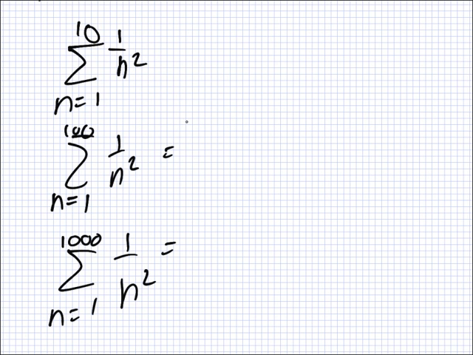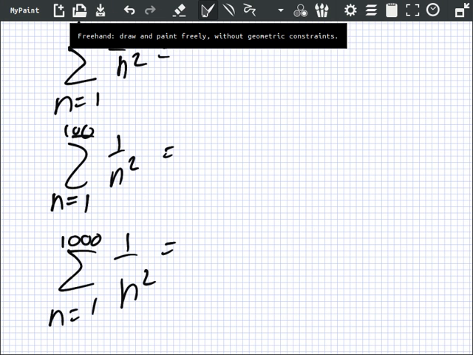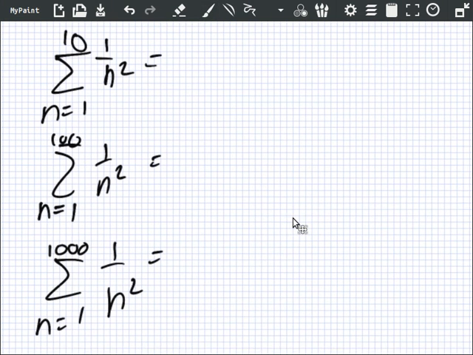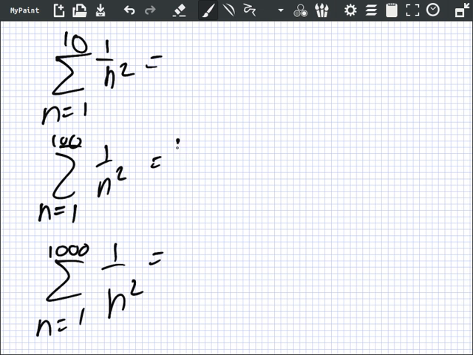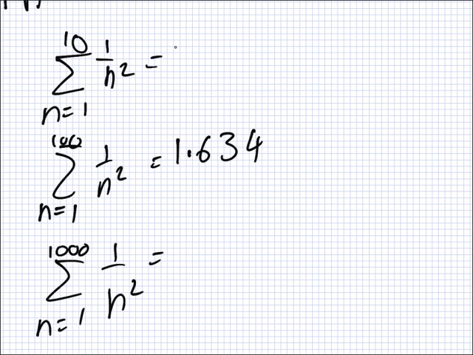Show me what you typed in. 100 is 1.634. And 10 is 1.54. Okay, and the 1,000? 1.6439. Okay, 1.6439.